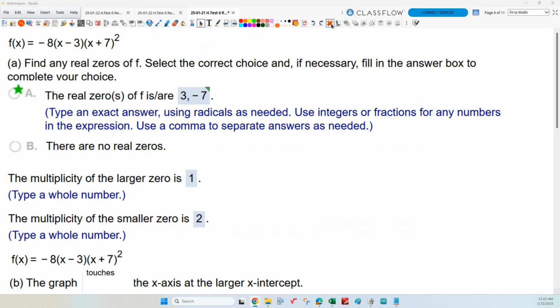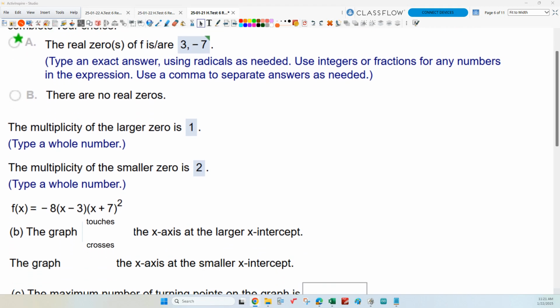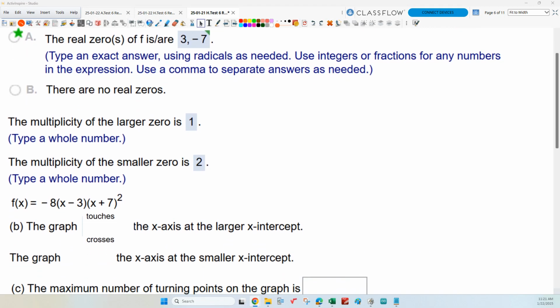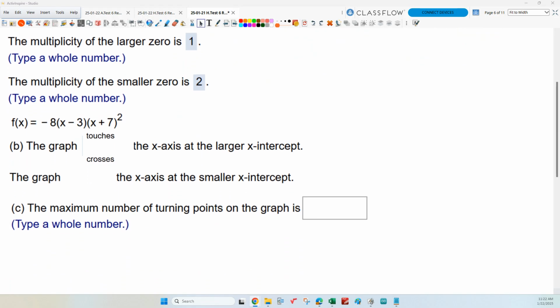Good. So then at the larger x-intercept at 3, if the multiplicity is 1, is it touching or crossing, using their language? Crossing. Okay. At the smaller, which is -7, we had a multiplicity of 2, so it's what? Touching. Good. And then what's the maximum number of turning points?